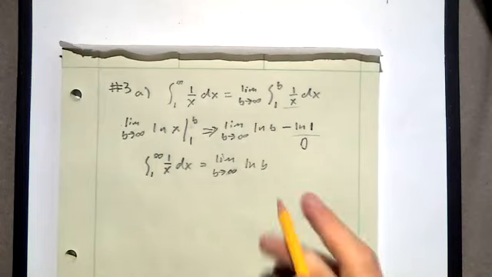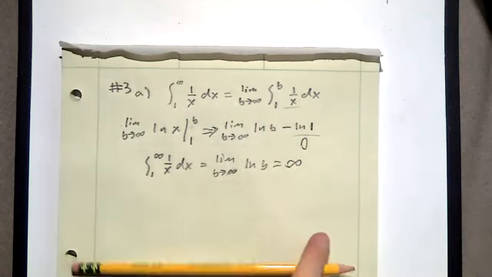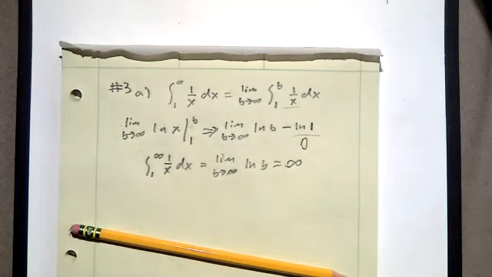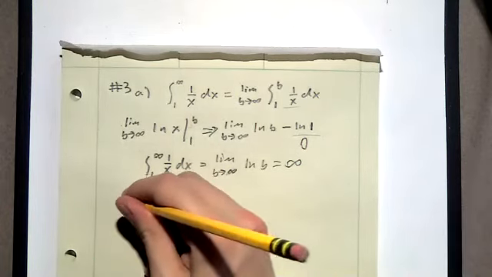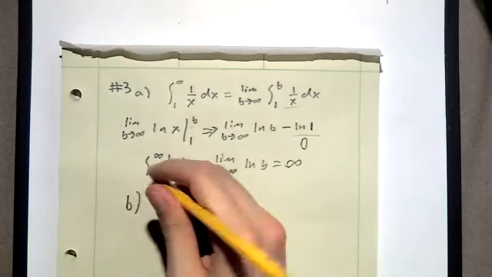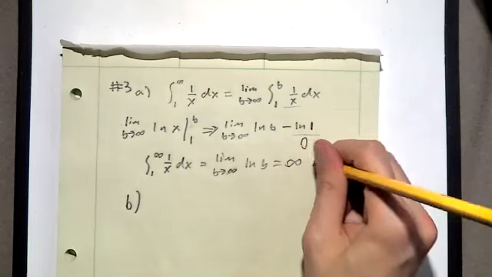Answer is infinity. So we know that we can't actually solve that integral. It's just going to be infinite in size. So it doesn't have a limit like some other functions. So next we go on to b. Oh, yeah, this diverges. That's what I should say.